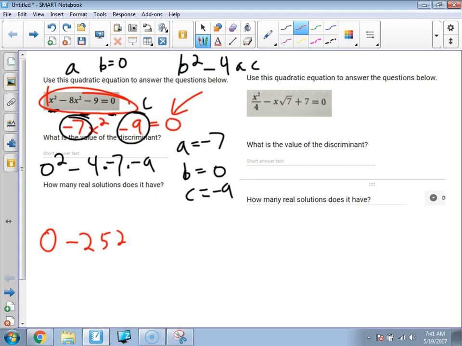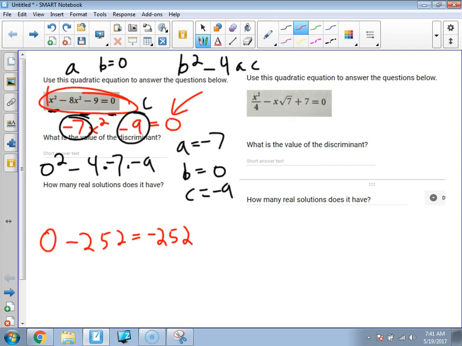What is 0 minus 252? Negative 252. So the value of the discriminant is negative 252. And all I did to calculate it was find out what a, b, and c were, and what b squared minus 4ac equals.